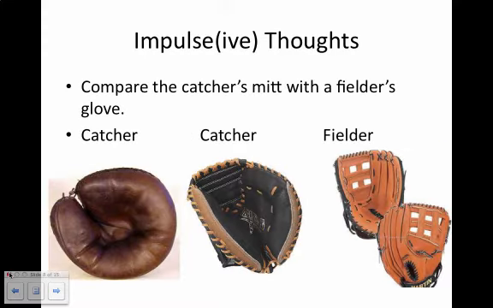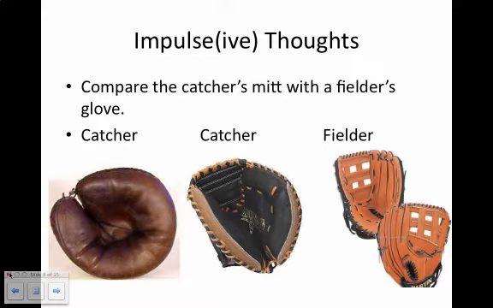Now, let's take a look at impulse. If we take a look at baseball mitts, the two on the left, the big brown one and the one in the middle, are catcher's mitts compared to a fielder's mitt, which you see on the right.